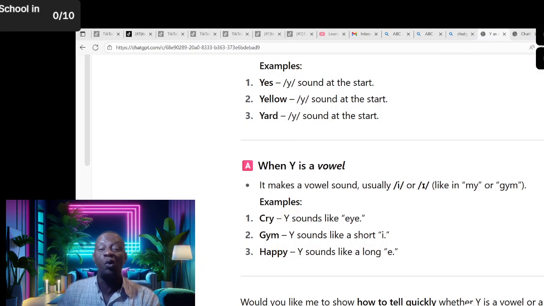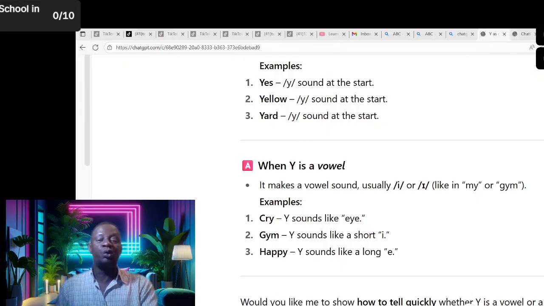When Y is a vowel, it sounds like I. Okay, and we have cry, for example. You see the sound I. Y sounds like I. So this is where Y is a vowel.